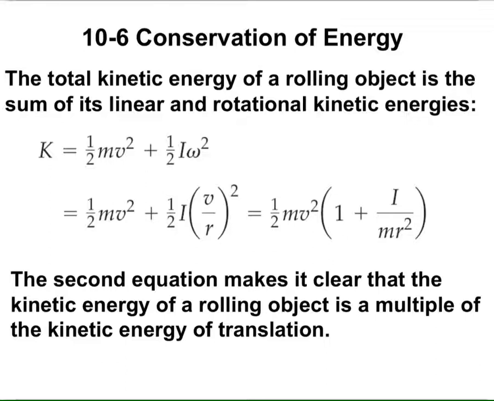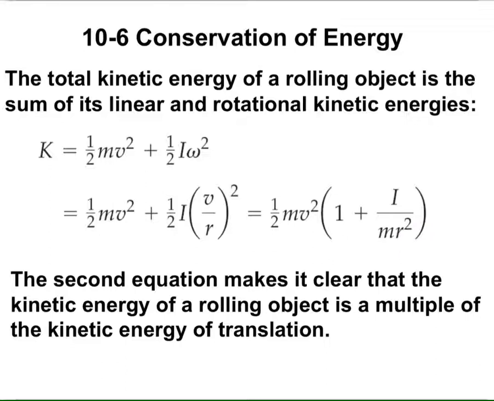But I can express this omega in terms of the linear velocity or tangential speed, tangential velocity, right? Omega is nothing but v divided by r, and if you add these two, you will get 1/2 mv square in parentheses 1 plus the moment of inertia of the wheel divided by the total mass of the wheel times its radius square.